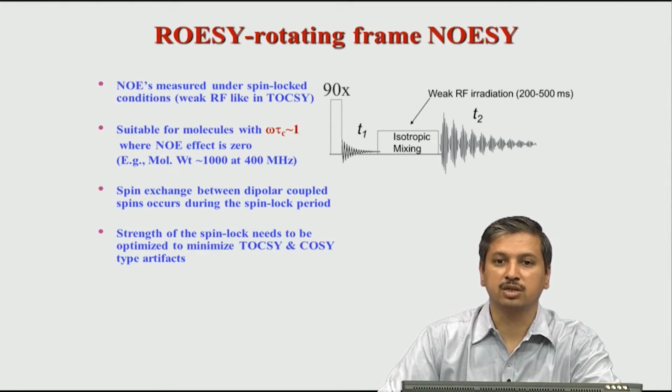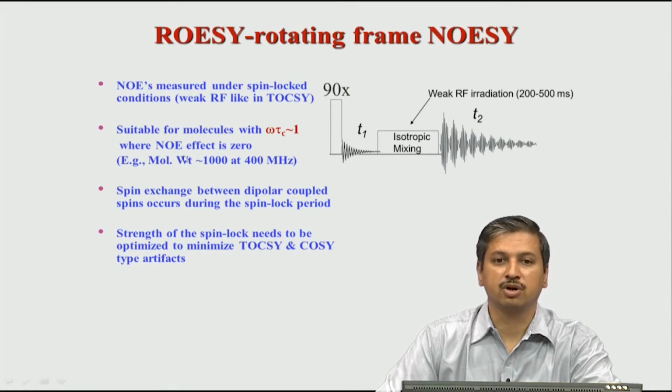A diagonal peak is a peak which comes because of incomplete magnetization transfer. So, if you have a 0 transfer, nothing is transferred, so all the peaks will be on the diagonal, because nothing is transferred to anything else. Therefore, in your NOESY spectrum, if you see only a diagonal peak and you do not see any cross peak, it means that your problem is because of this particular reason.